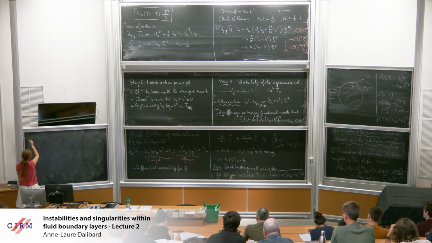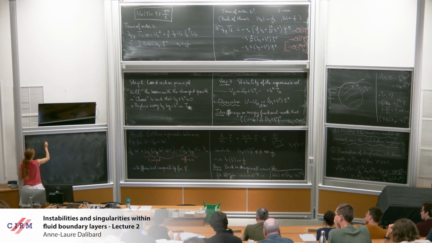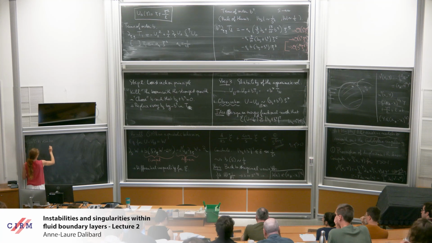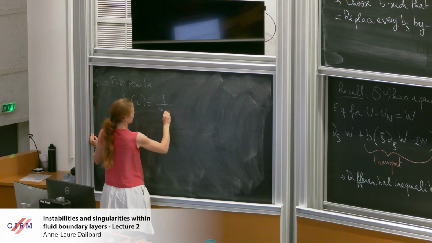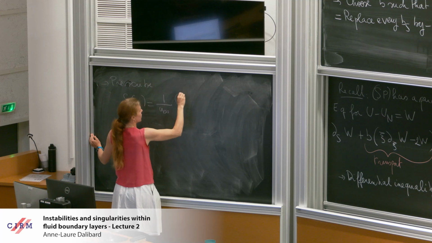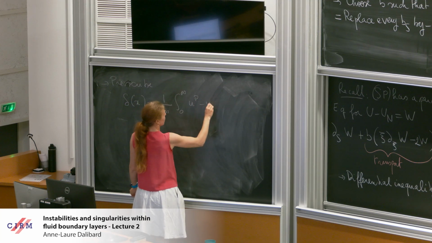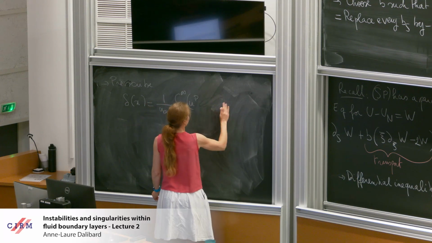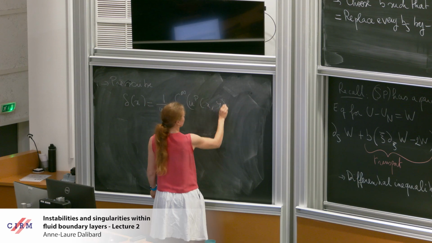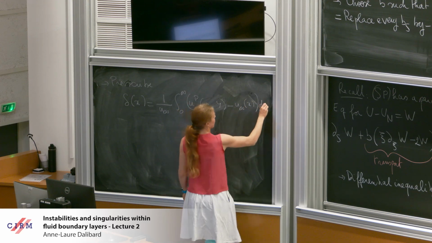Okay, so the idea is that you don't prescribe u infinity, but you prescribe delta of x, which is 1 over u infinity times the integral from 0 to infinity of (UP minus u infinity of x) dy.